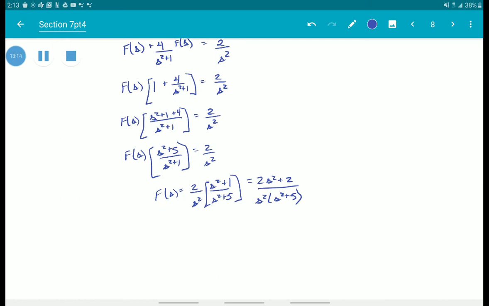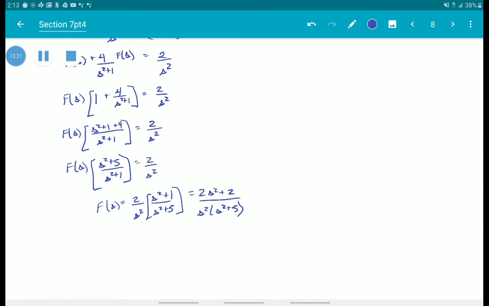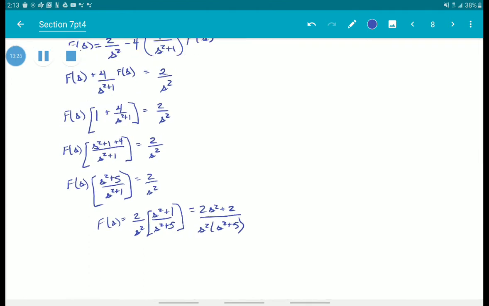So let's do partial fractions again. Wonder if we could make this just a little bit easier. Split the numerator.